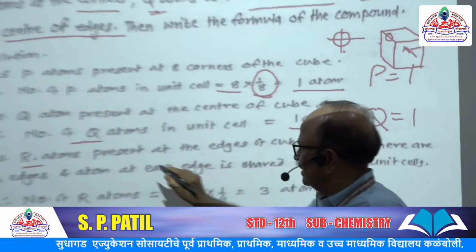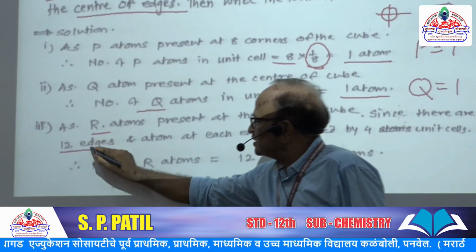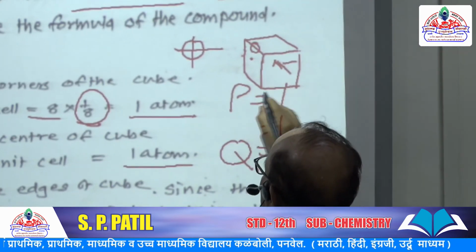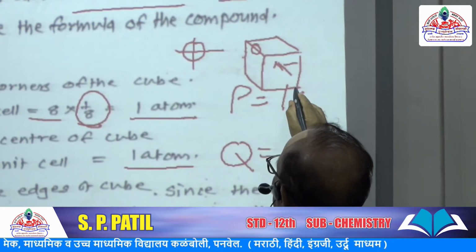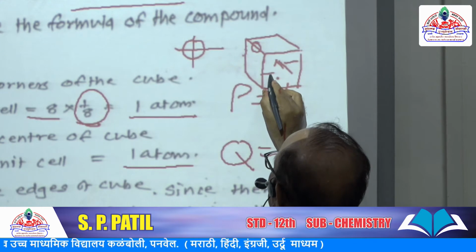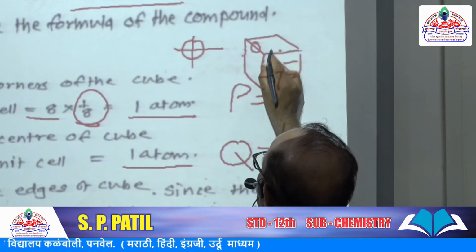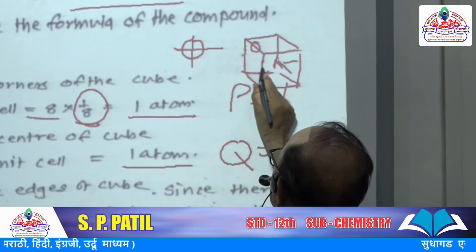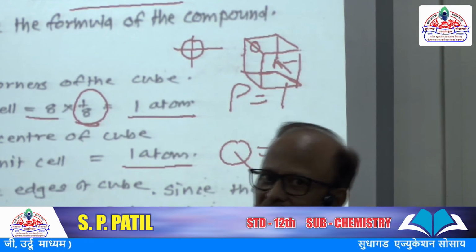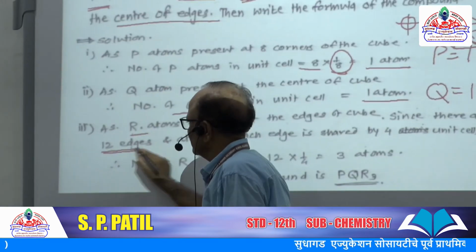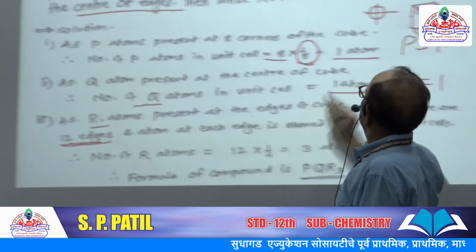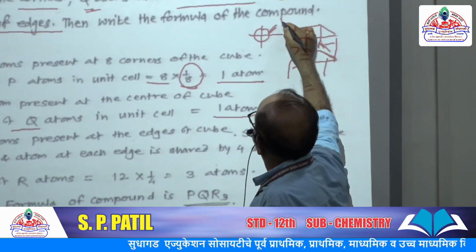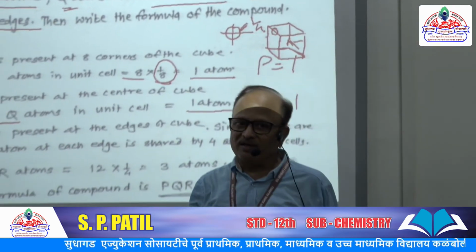Let us see, there are a total of 12 edges of the cube: 1, 2, 3, 4, 5, 6, 7, 8, 9, 10, 11, and that one is 12. Total there are 12 edges, each containing 1/4 of the sphere.